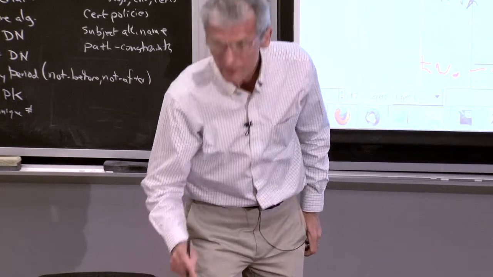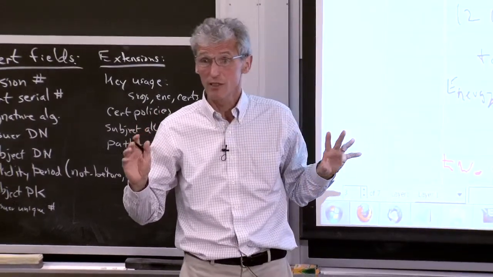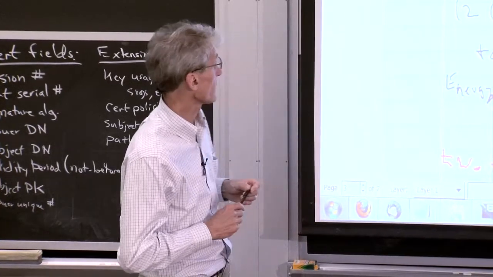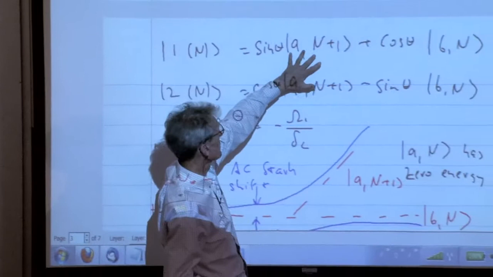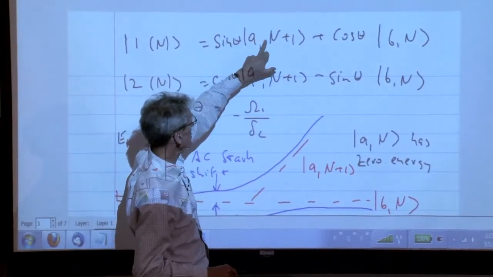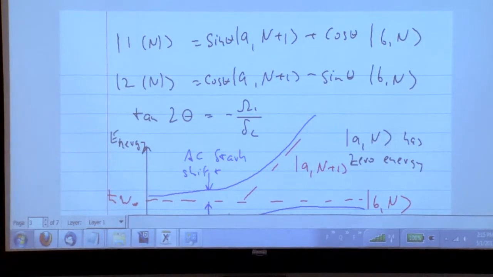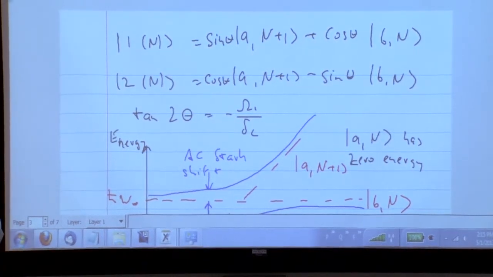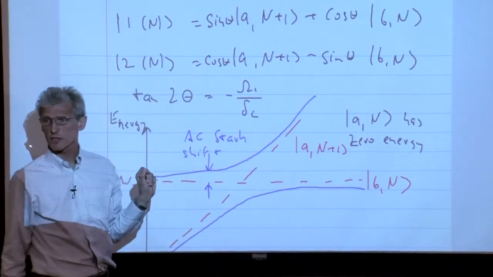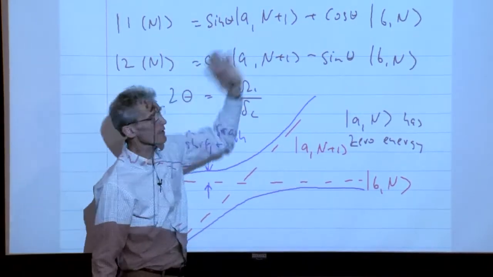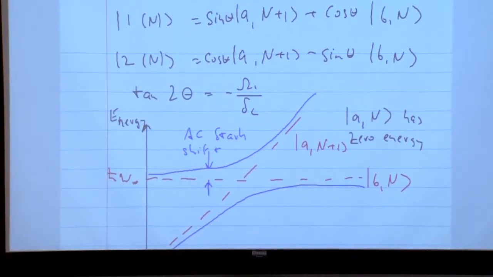But now we want to really get the wave function. We want to get something out of the dressed atom picture. And that's the following. We started out with the bare states, ground state with n plus 1, excited state with n photons, and the 2x2 matrix after the diagonalization is now a linear combination of those, and it's convenient to use sine theta, cosine theta, because then the states are automatically normalized.